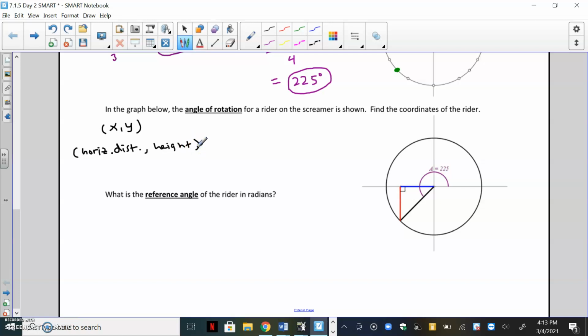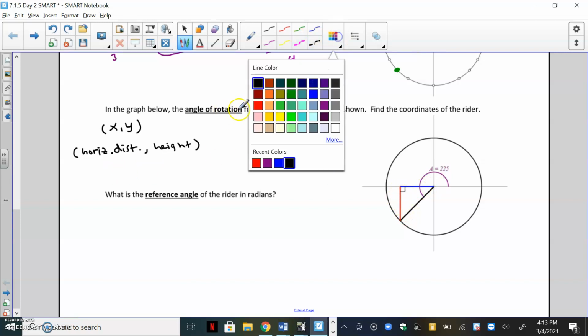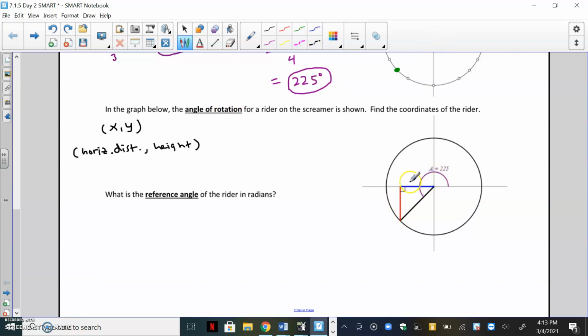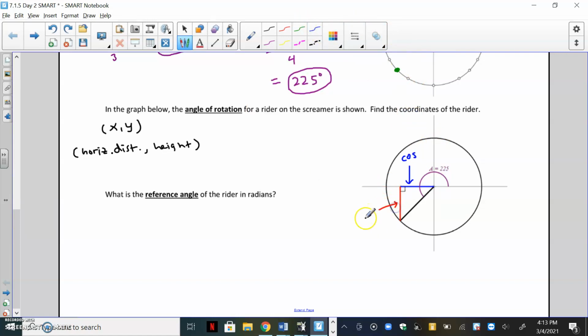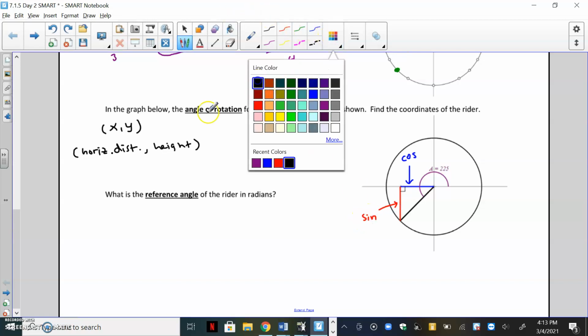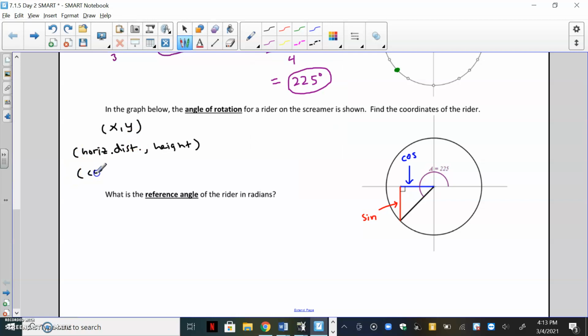So that tells me that these two are my horizontal distance and my height. In trig, this horizontal distance is represented by cosine, and this vertical distance, this height, is represented by sine. So when I ask you for coordinates in trig, I am asking for the cosine.